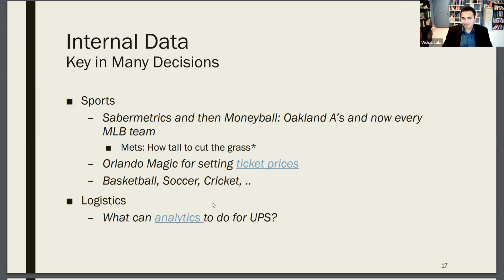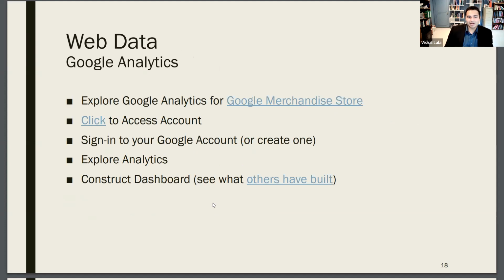One thing that matters for the Mets is how tall they cut the grass. He wouldn't tell me what the magic number is for the height of the grass, though. Bottom line here, whether it's a soccer team, a basketball team, a baseball team, or a logistics company, every one of them is able to gather a very large amount of data and learn a lot about their customers from doing just that. This is all internal secondary data.